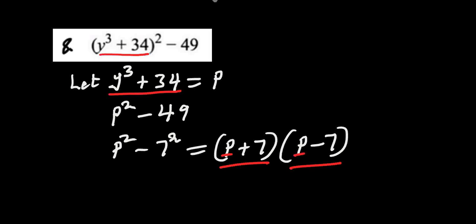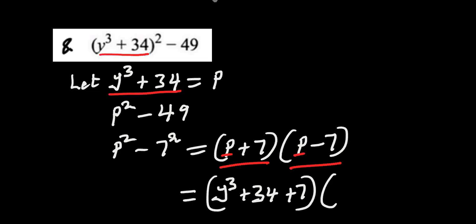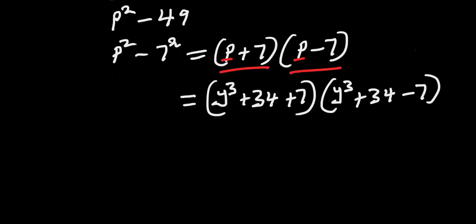So this will automatically become y to the third power plus 34 plus 7, and y to the third power plus 34 minus 7. All right, so now we can combine like terms.